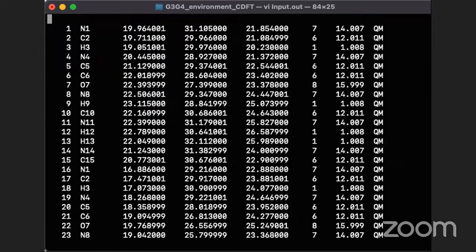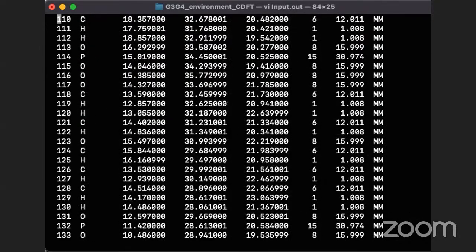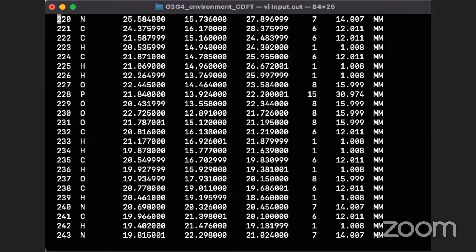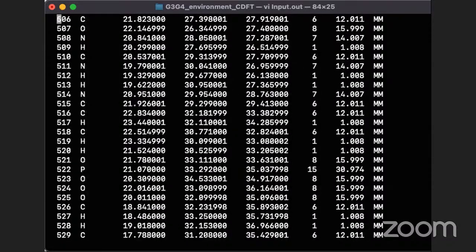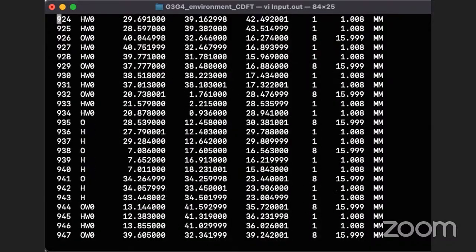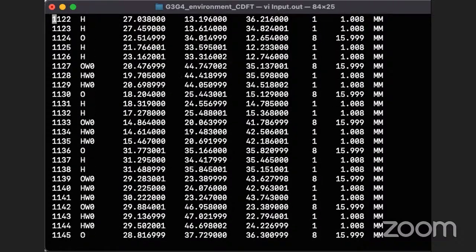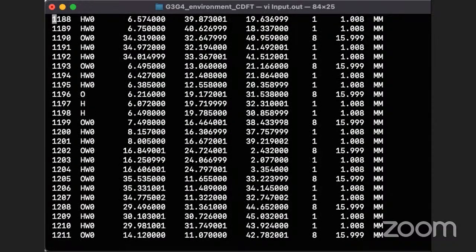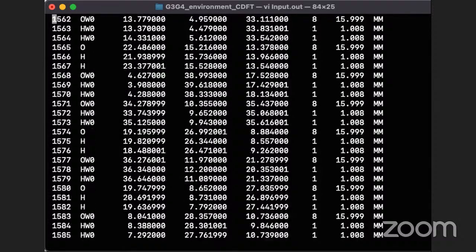So here, just the input, the list of everything. This is a QM code that is doing the QMMM, whereas GROMACS uses DFTB in a more hidden way.